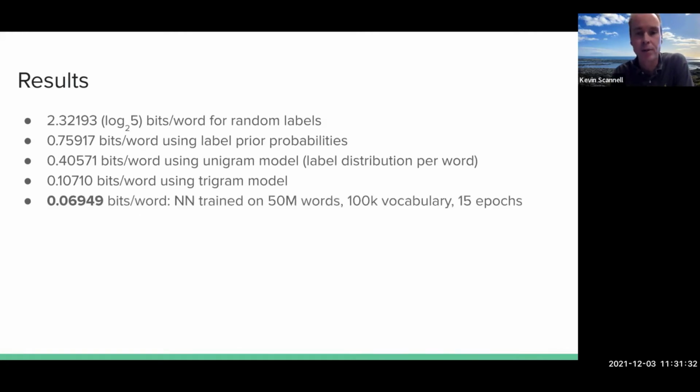And then the best neural network that I was able to train using the model on the previous slide, trained using 50 million words with a vocabulary of the most frequent 100,000 words, gets a log loss of under 0.07. Now, the claim is this is a small number. So the average bits of information carried by mutations in Irish, at least according to this model, is very close to 0.